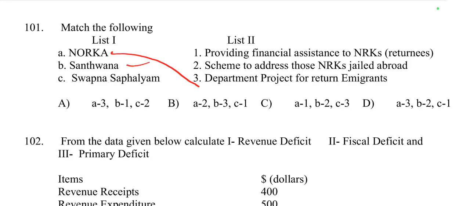So option B is 1. Then Swapna Safalyam, it is a scheme to address those NRKs jailed abroad. So this is option 2, A3, B1, C2. Option A is right here.